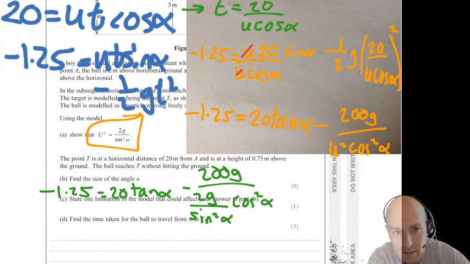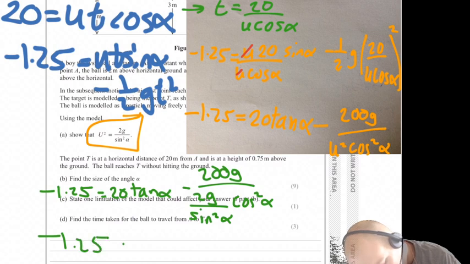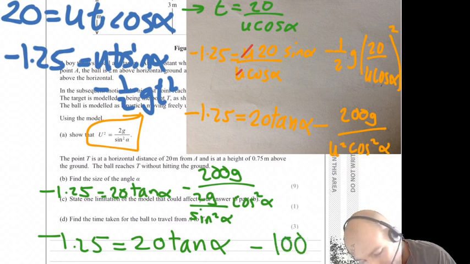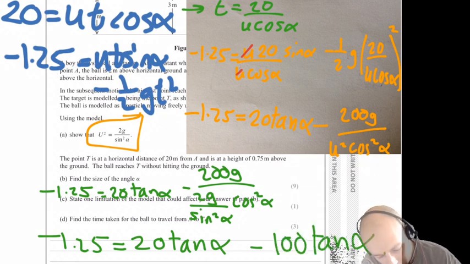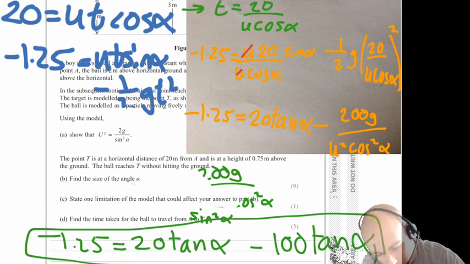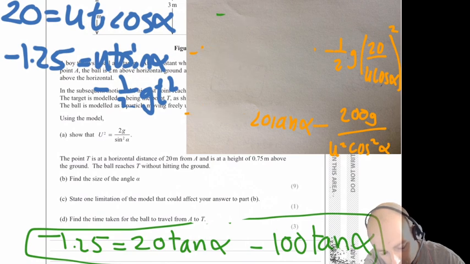So that whole bit turns into 100 tan alpha. So minus 1.25 is 20 tan alpha minus 100 tan alpha. So if we solve this for alpha, we get tan alpha equals a quarter.